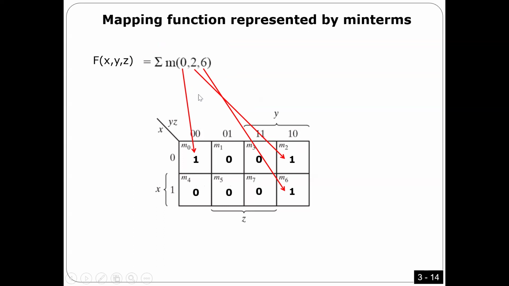So very simple, just put ones in 0, in 2, and in 6. I can also give you the function in the format of maxterms. So the same function here is going to have 1, 3, 4, 5, and 7. These are the locations of zeros. Is that okay? Any questions?